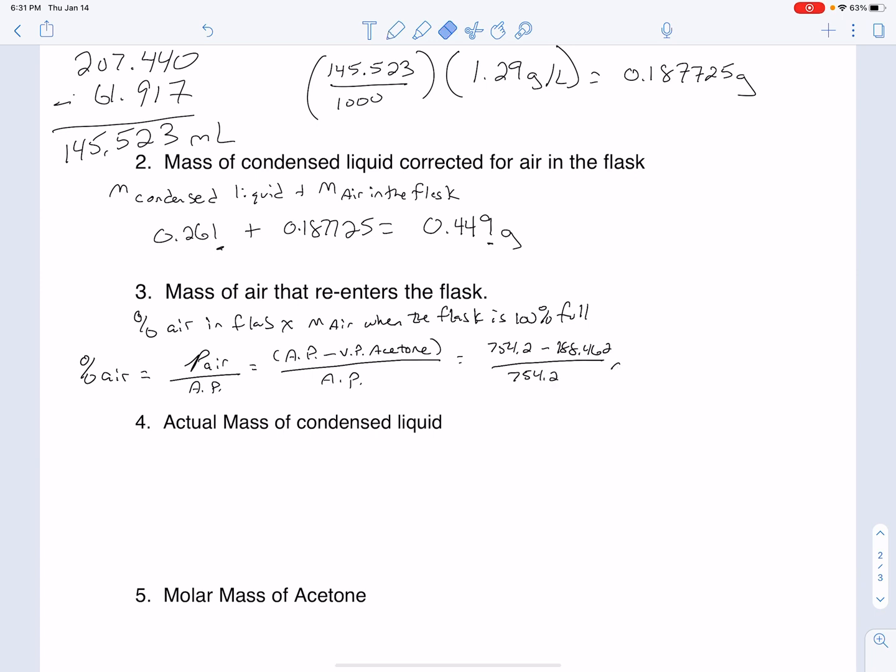Let's leave it as a percent for now. So let's see. We have 754.2 minus 188.462. Oh, wait. I got some weird stuff on my calculator going on here. Hold on. 754.2 minus 188.462.